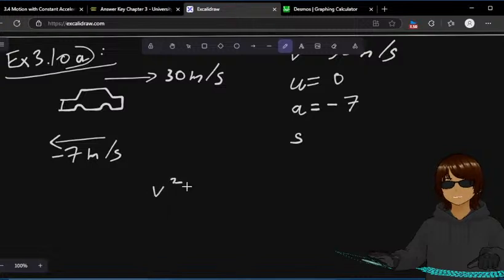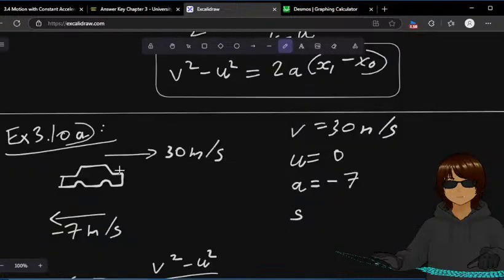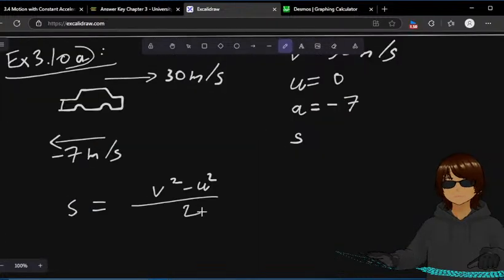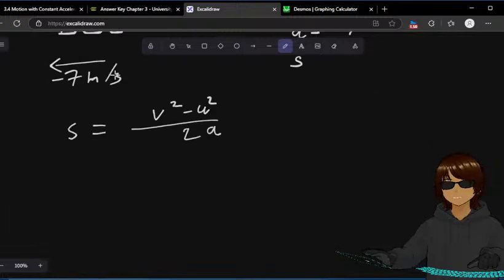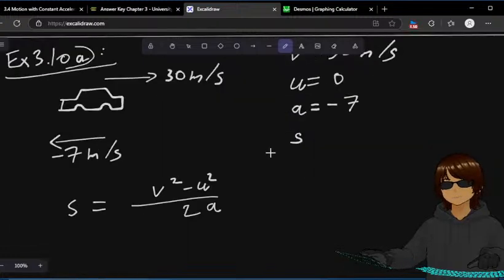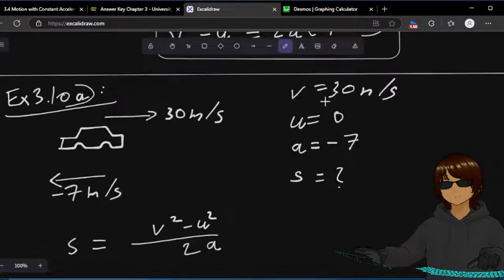So s is equal to v squared minus u squared over 2a. So the change in position is v squared minus u squared over 2a. This is 0, so it's 30 squared over 2 times 7.